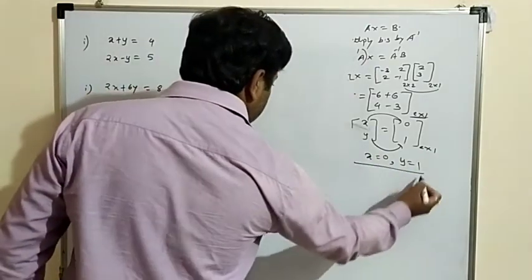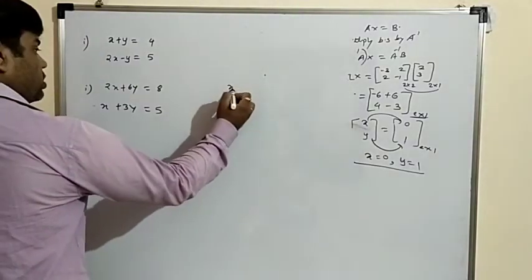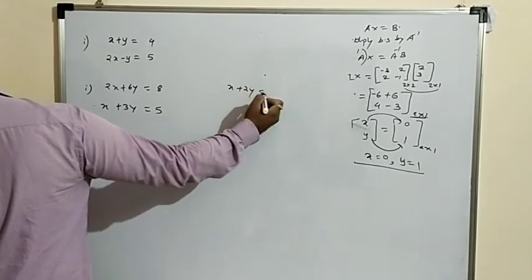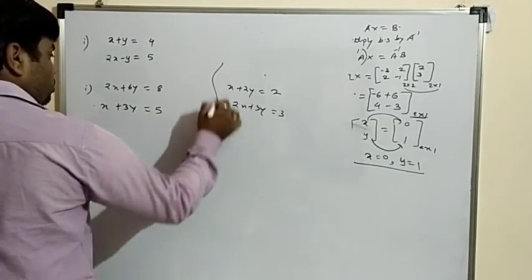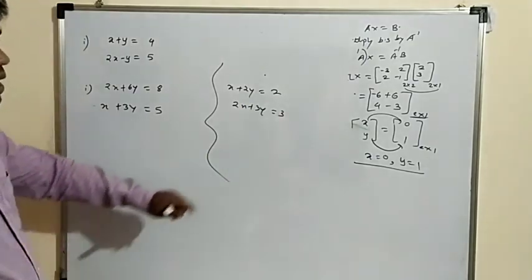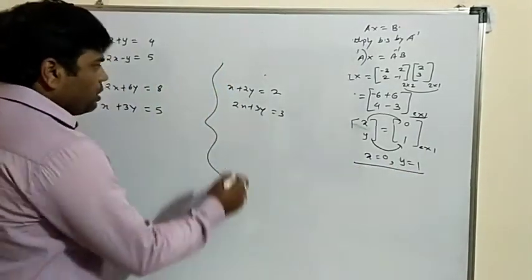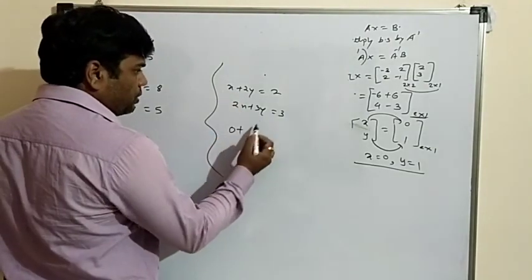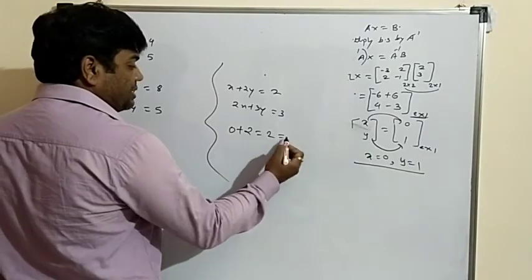Now the answer to the last question is x is equal to 0 and y is equal to 1, so let's see how to verify it. The equations are x plus 2y is equal to 2 and 2x plus 3y is equal to 3. These were both equations of the last example. The value of x came 0 and y came 1. Put the values into this equation. 0 plus 2 into 1 is 2, so LHS is equal to RHS.